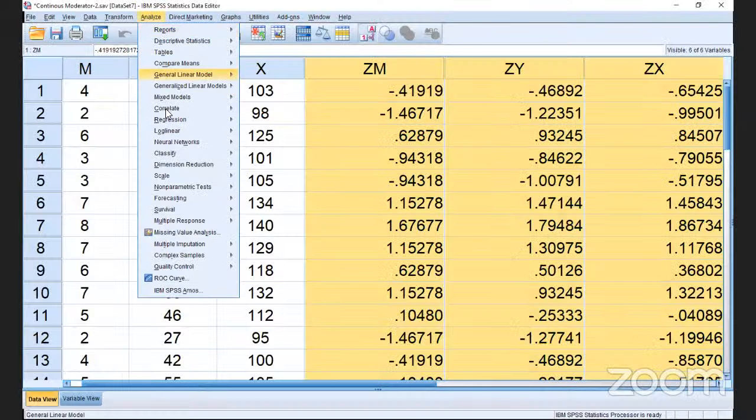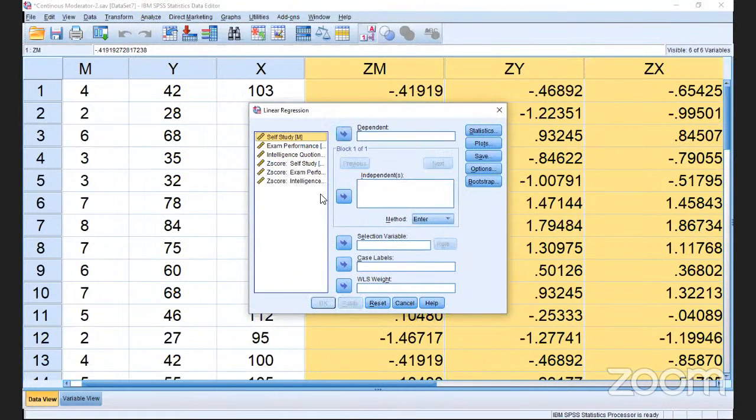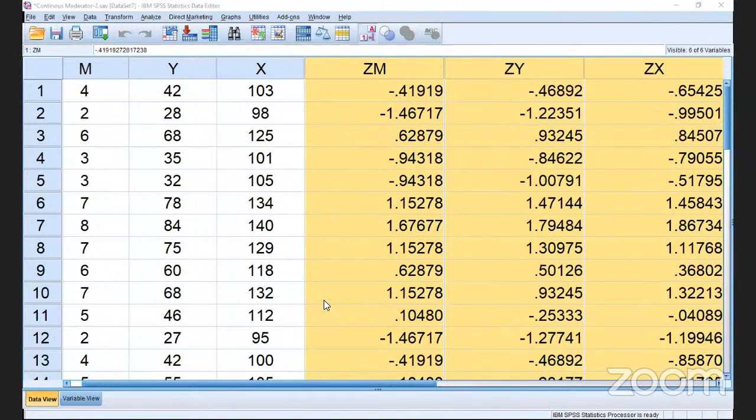So analyze, regression, linear. Now I am taking the two variables: exam performance depends on self-study. The more you do self-study, the better your performance would be. And then okay. Now we can see the output.